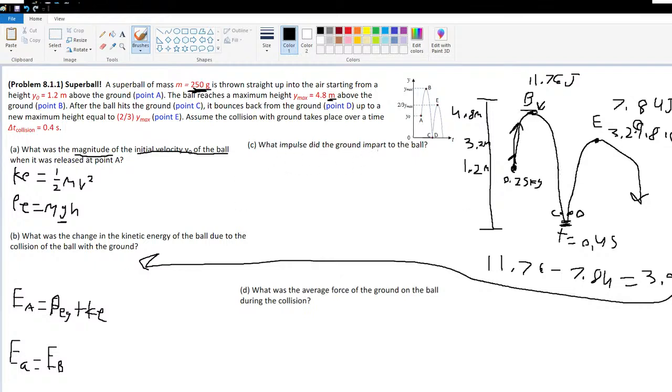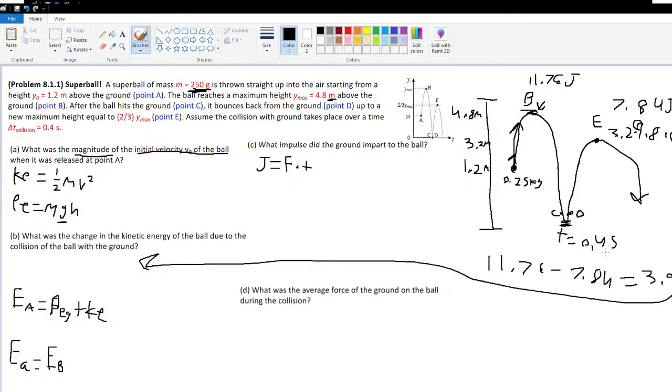What impulse did the ground impart to the ball? So impulse, that's J, right, is just equal to force times time, right? So we know this, wait, hold up. Yeah, sorry, that's right. So impulse is just how much force is being imparted over an amount of time, right?